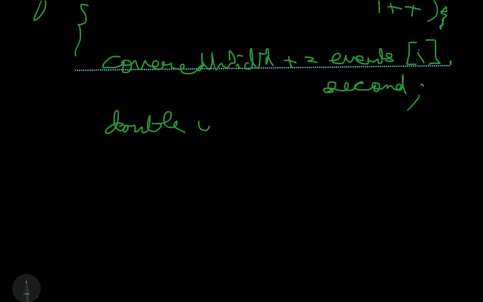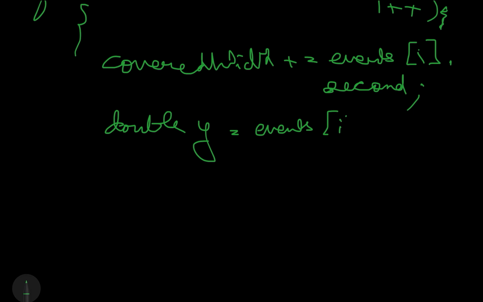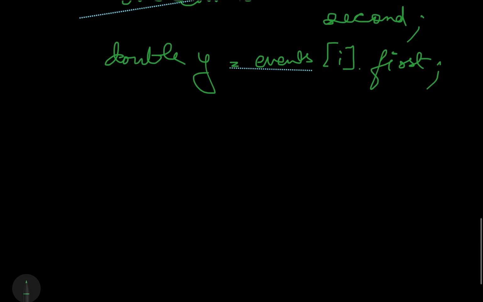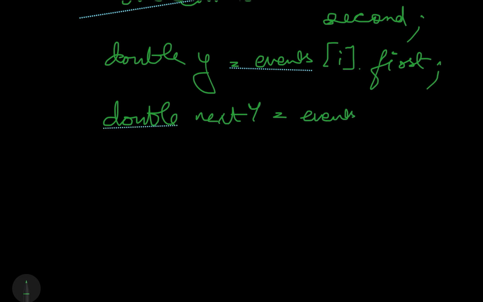Okay. Again, we'll define another variable in which we'll store the y coordinate, because we have to find the y coordinate line which will cut all the squares into two equal areas. And the next y coordinate would be events of i plus 1 dot first.